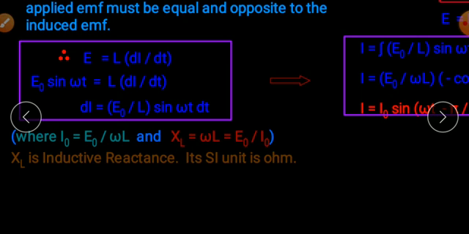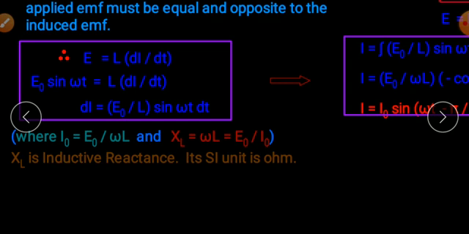The inductive reactance limits the current in a purely inductive circuit in the same way as the resistance limits the current in a purely resistive circuit. Clearly the inductive reactance is directly proportional to inductance L and to the frequency of the current, omega into L, where omega is 2 pi f.